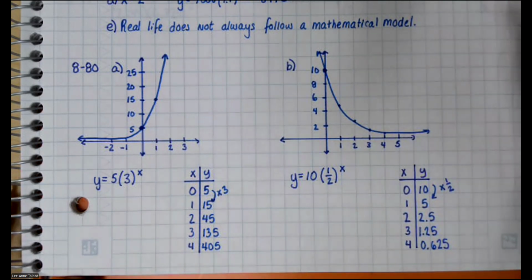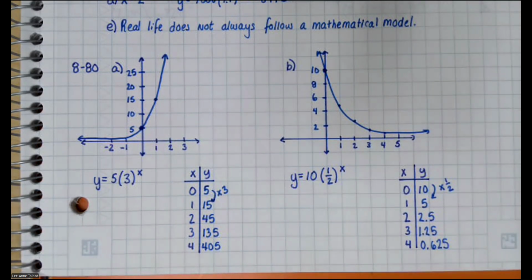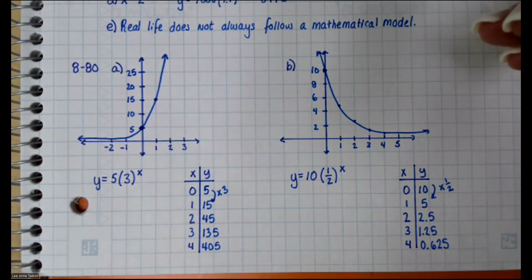Okay, we have one problem left, number 81. This one is going to help those people who had trouble with the last 4 questions on the Kahoot, the percent increase, decrease business. We're just going to find the equations, and that's it.